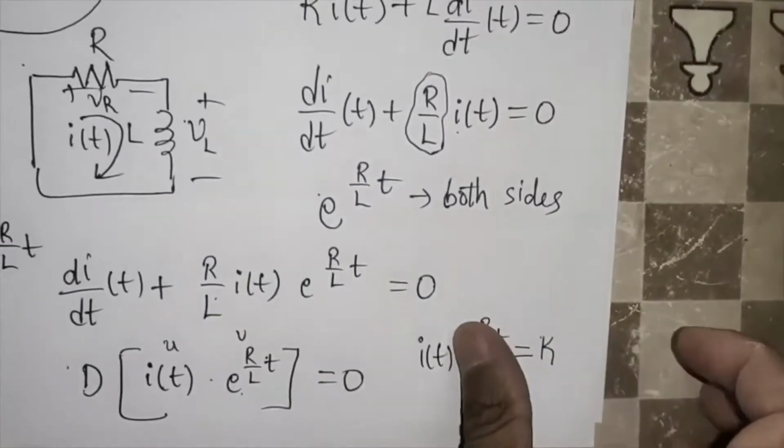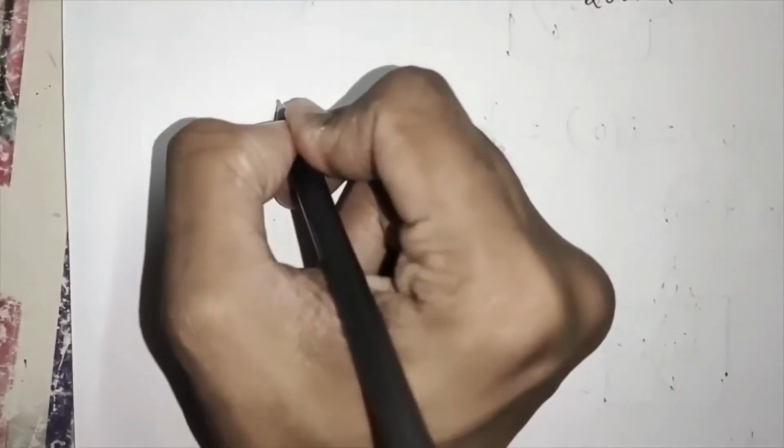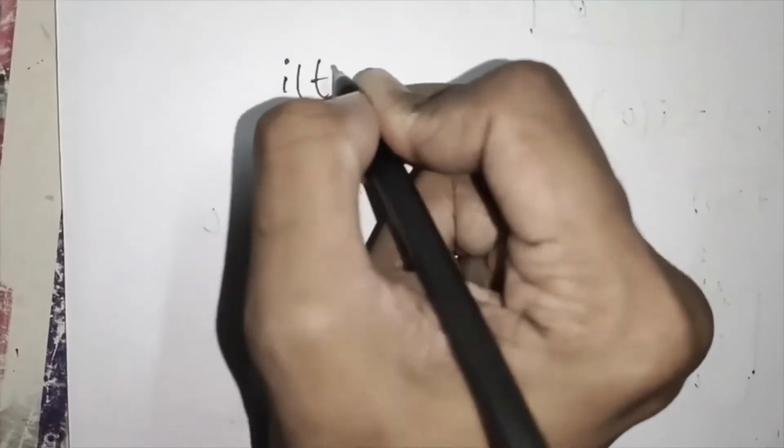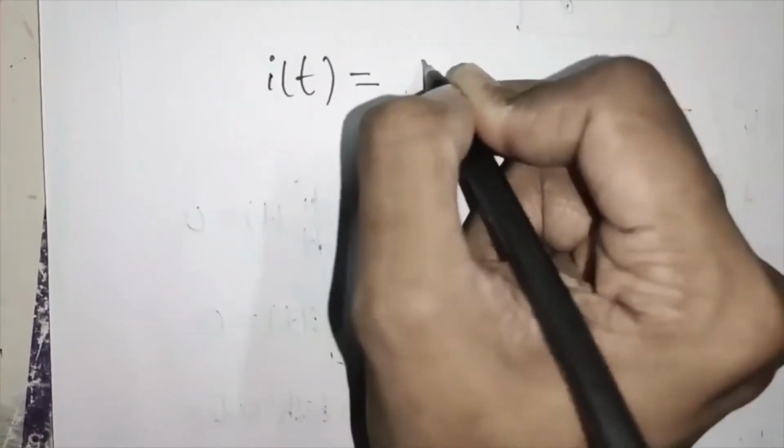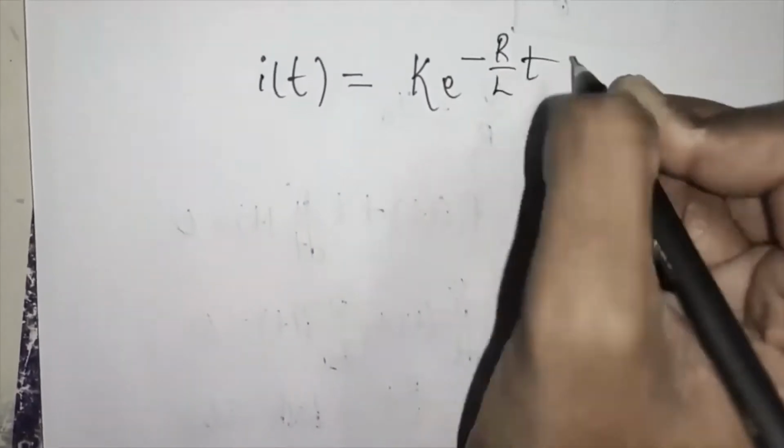So therefore the expression for I of t is I of t equal to k into e power minus R by L into t.